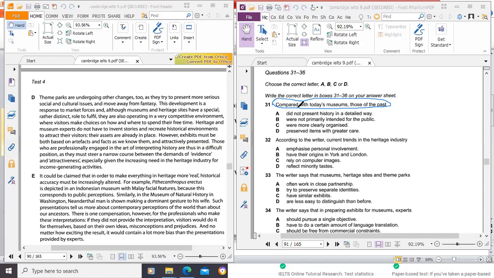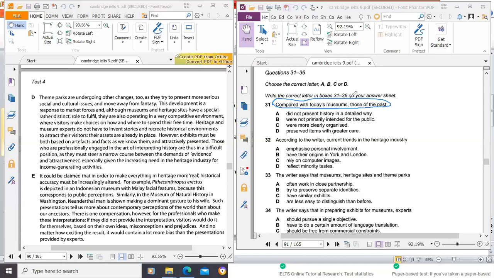Yes, it's very possible for you to get this question twisted. For instance, compare with today's museums, those of the past, blah, blah, blah.